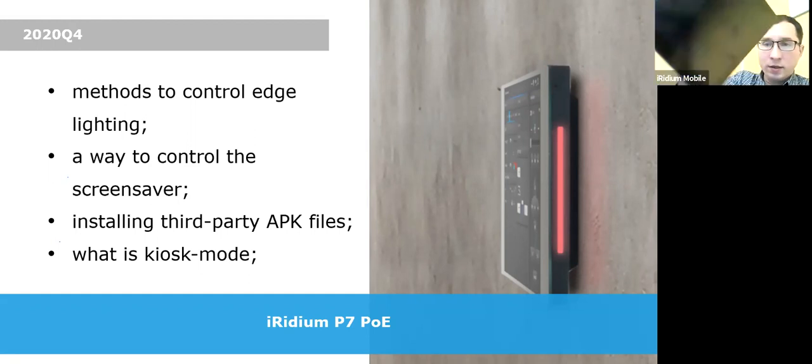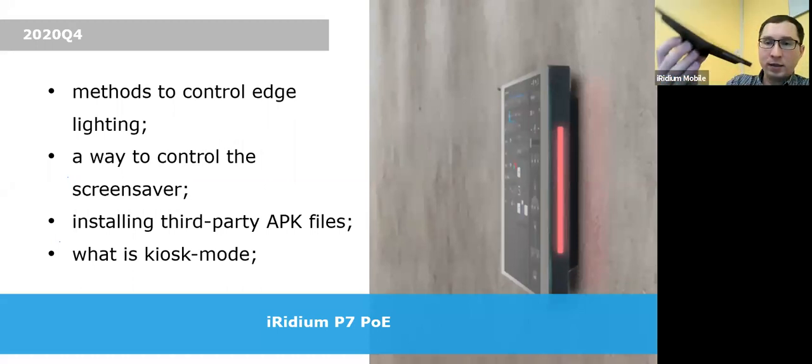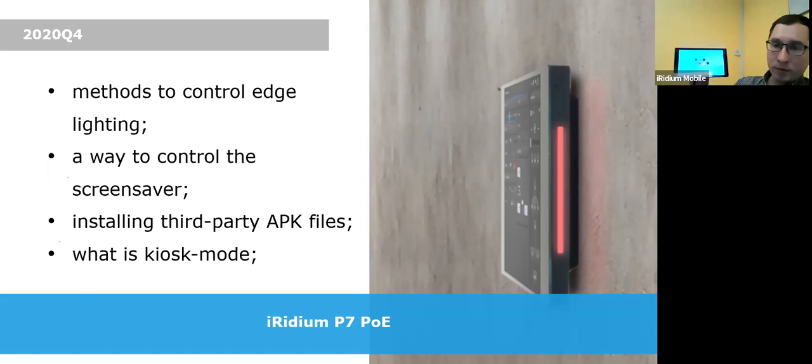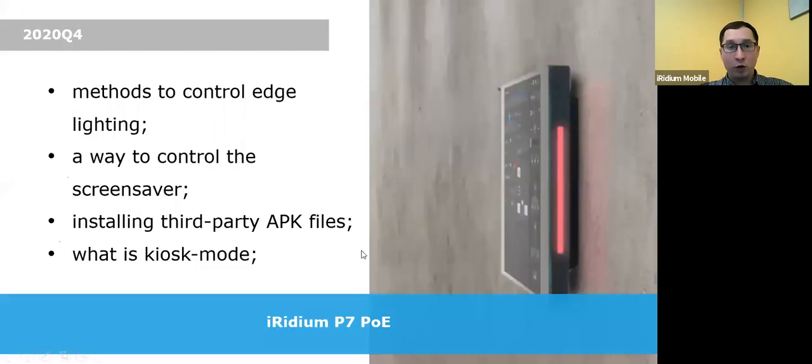As you can see, the light is off, but when I touch the screen, the panel turns on. It's very simple. In the project, here is the backlight, here the screensaver, just a token in our variable bright, and you can use it in your project.